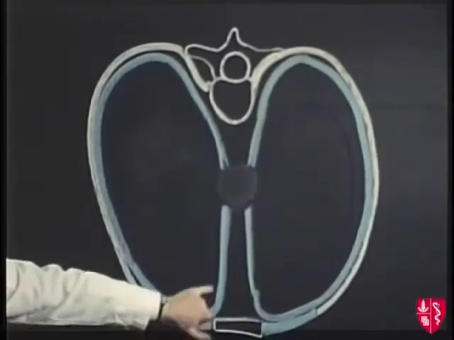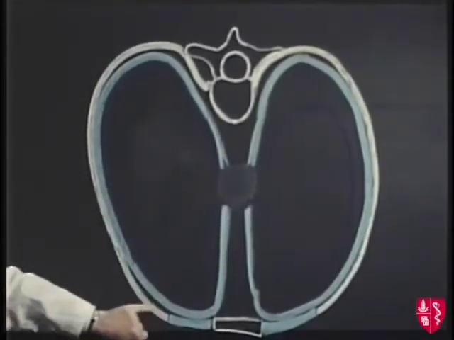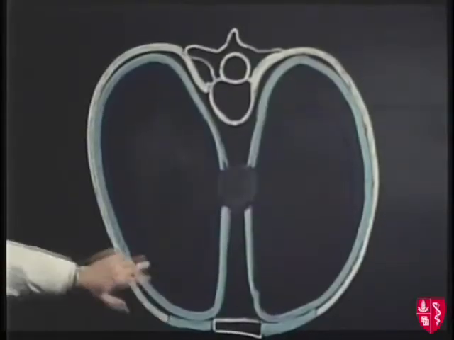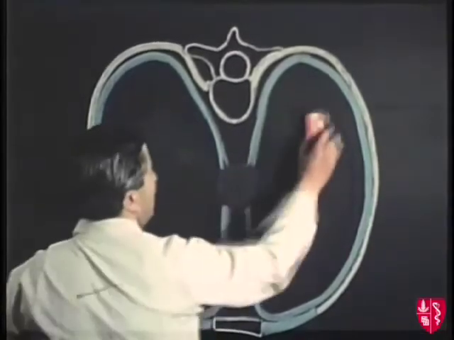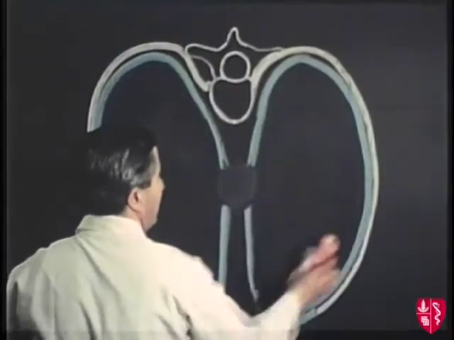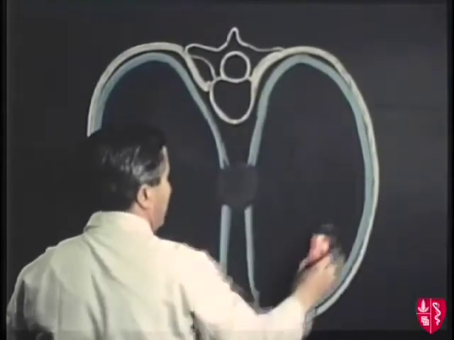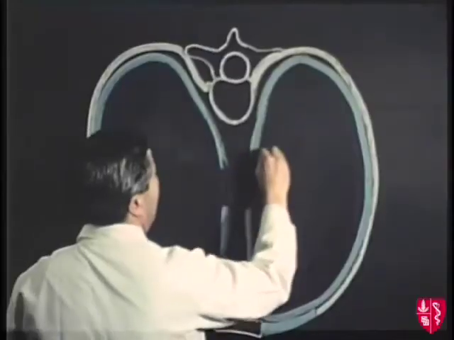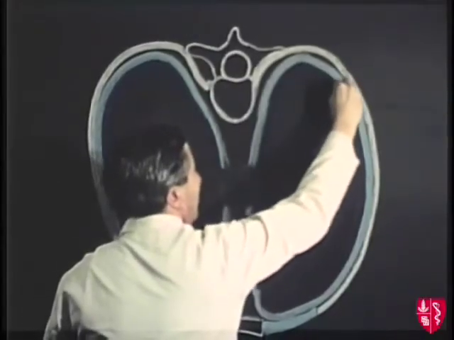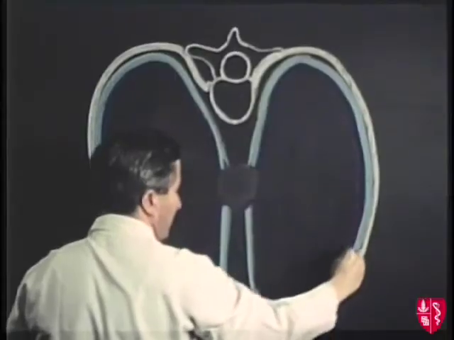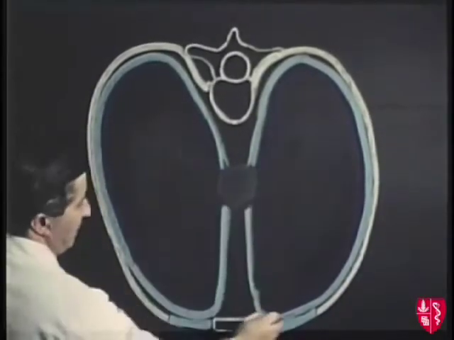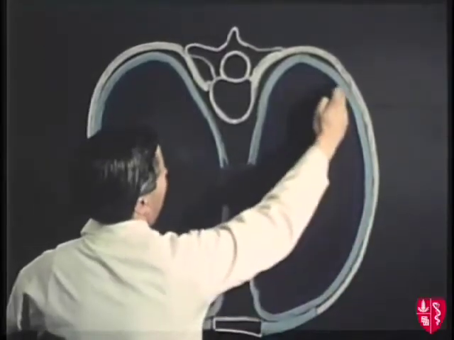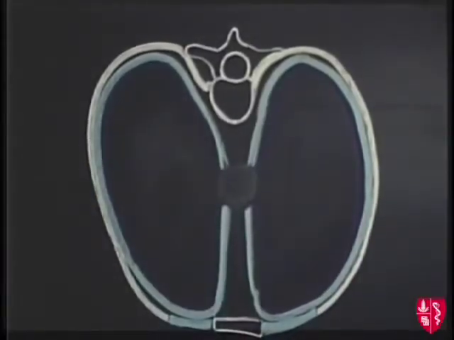And the small amount of fluid that exists between the visceral pleura and the parietal pleura enables these two surfaces to move upon one another as we inspire and expire during respiration. So let us do this on the other side again. Fill this in, and as the lungs expand during development, so the visceral pleura almost touches the parietal pleura, just being this little potential space left behind, which is the pleural cavity, and under normal conditions is filled with just a thin film of fluid between those two layers.